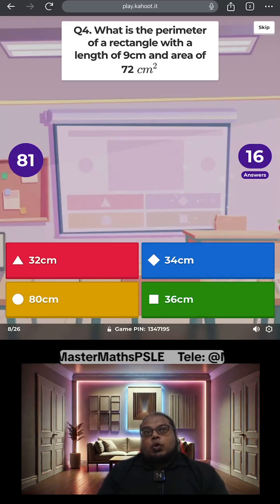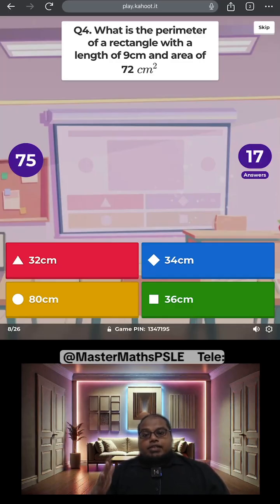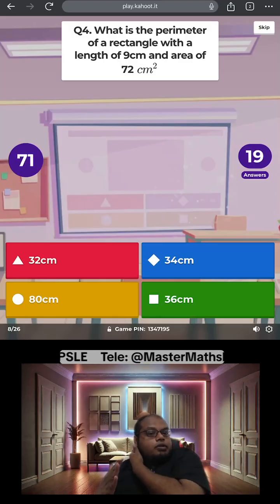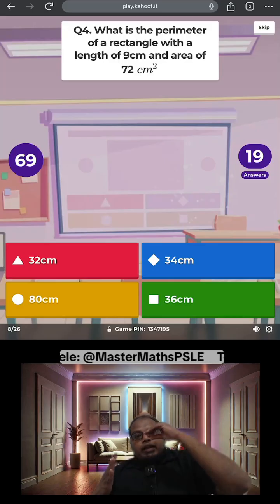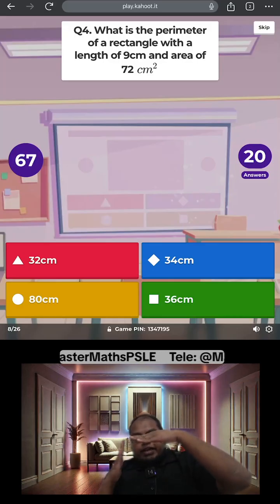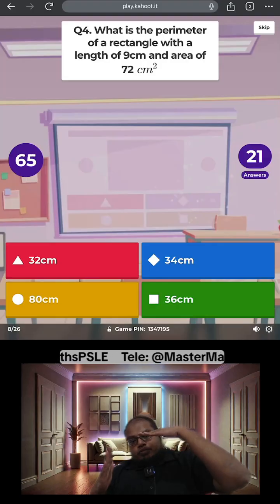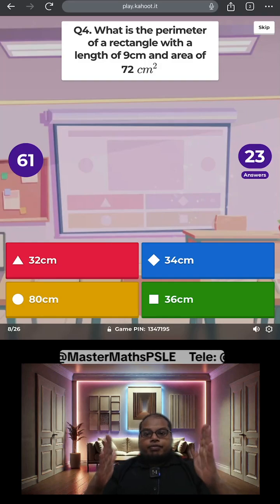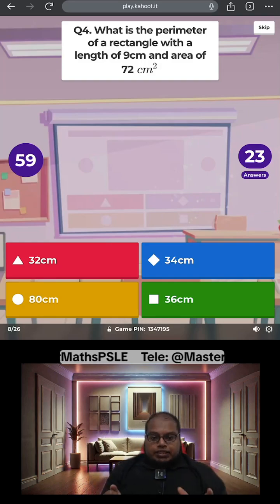Okay, so like I said just now, we'll be revising that area is length times breadth. Length times breadth is to find the area. Length plus breadth is the perimeter.